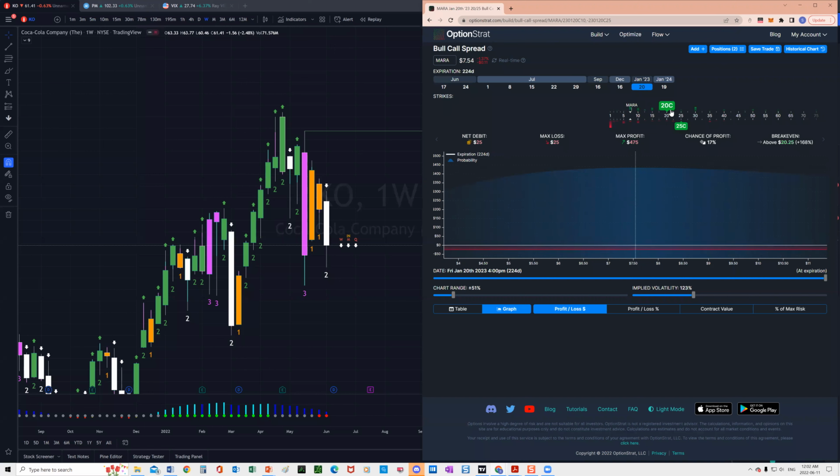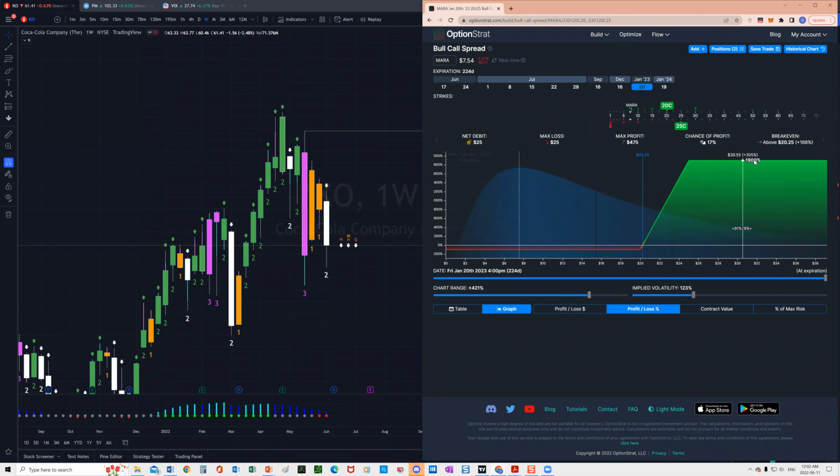Well, you can do something like the 2025 call spread. It's going to cost you $25. Your max profit's $475, and that's all the way out to January. So if I think that Bitcoin's going to turn around and take a face ripper rally and it's going to get back to where it was before, well, that's 1900%.